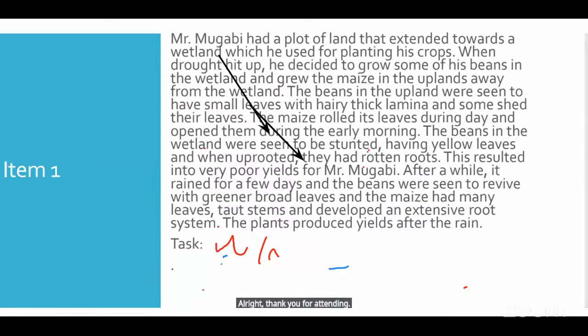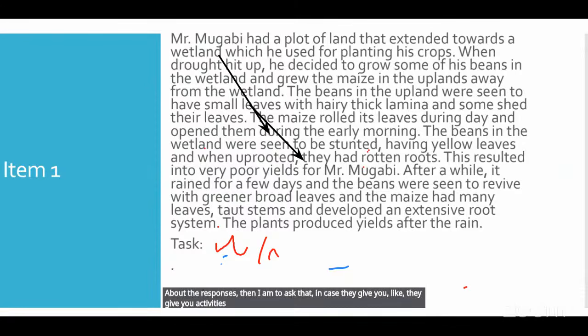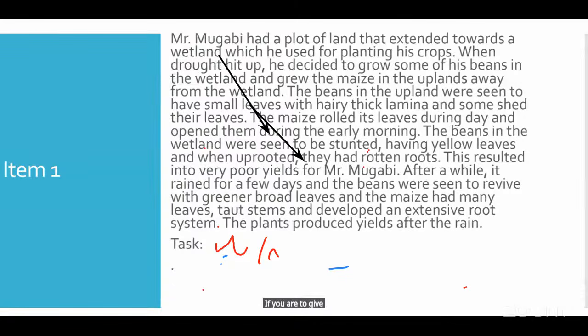I have really got some educative message that I never had about the responses. Then I want to ask, in case they give you activities that maybe they don't reach 5, then what do you do? If you're to give the mitigations, do you add on activities that you see affect people?